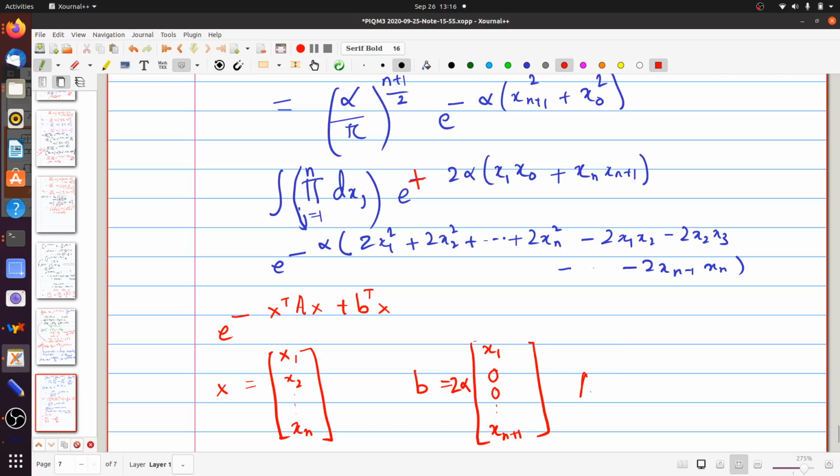And finally, A is the square matrix alpha times 2, minus 1, minus 1, 2, minus 1, minus 1, because the minus 2 x1, x2 is being split into minus x1, x2, minus x2, x1 symmetrically. 0, 0, 0.